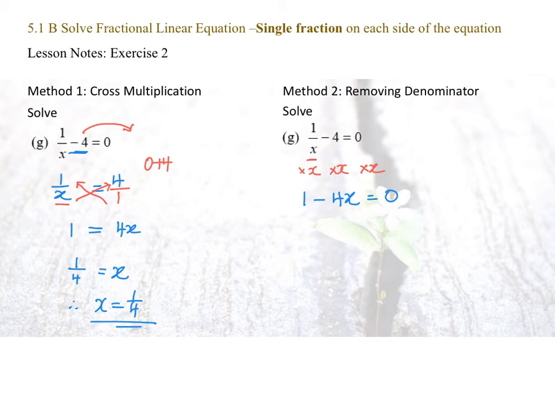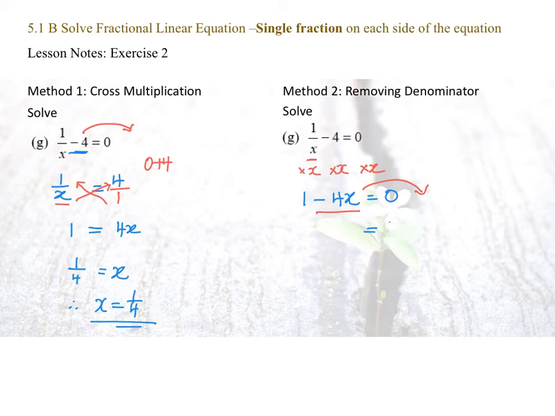Now we try to make x positive and we can migrate the terms over. So we notice that this is 1, and this is subtract 4x. If I were to shift this over, from negative 4x, subtraction of 4x, I will have an addition of 4x.